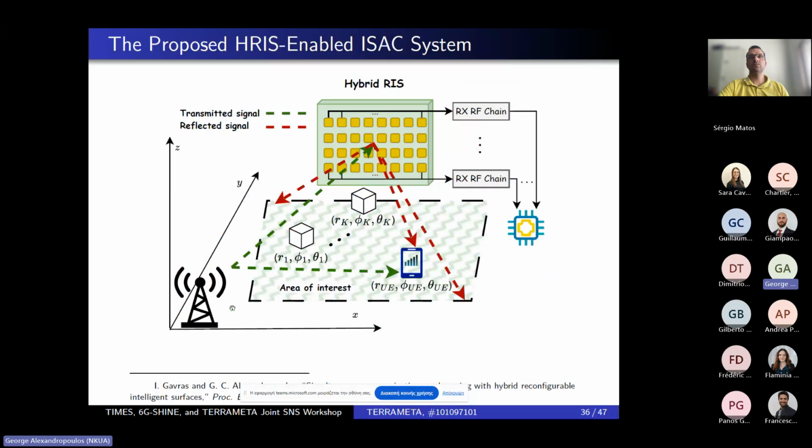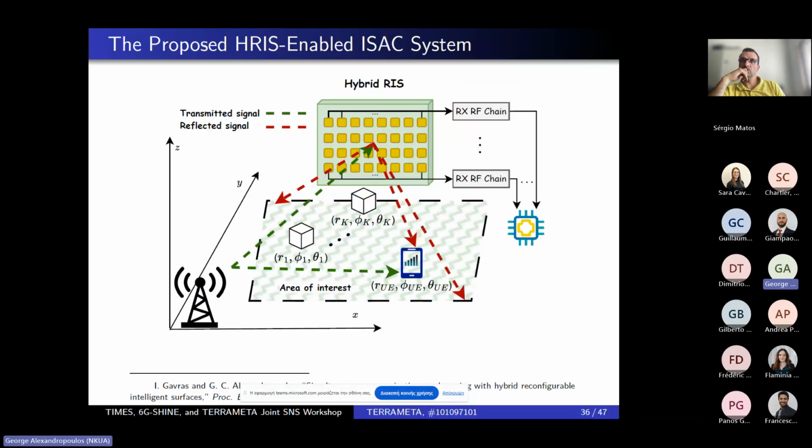The hybrid RIS has the dual role of enabling downlink communication between the base station and the UE through its reflection capability, but it also wants to profit from the reflections of the downlink signal that come from targets within a certain area of influence, being received at the hybrid RIS and profiting from its reception estimation capability to try to localize where these users are within the system.